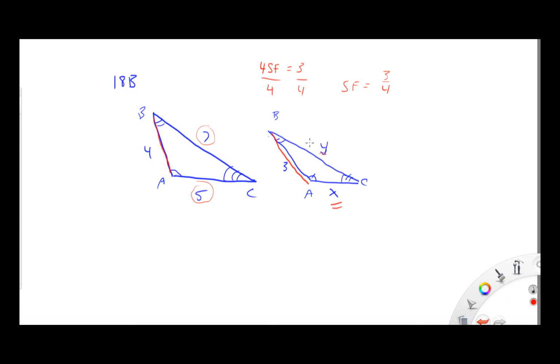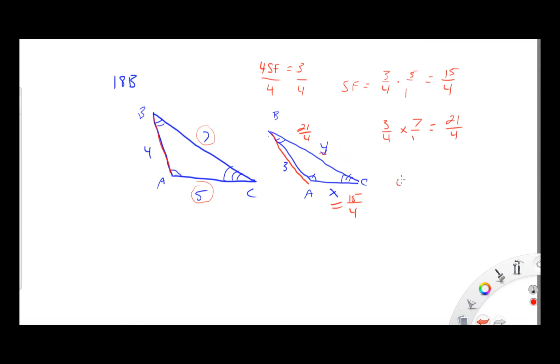Let's try it. 3/4 times 5 over 1 is equal to 15 over 4. That's what x is, 15 over 4. What about y? y is 3/4 times 7 over 1, which equals 21 over 4. And because you can't reduce those down, those are the correct answers.